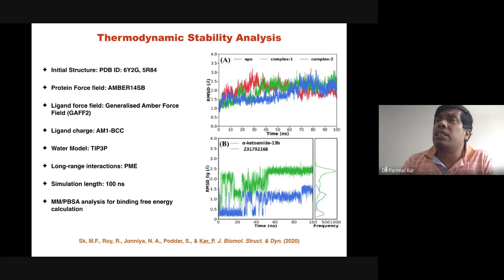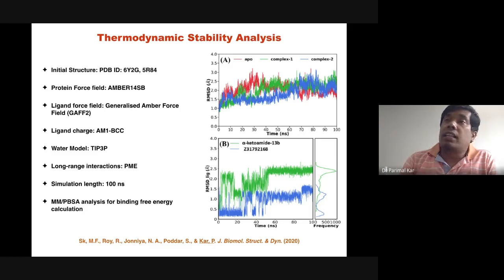So instead of using the quantum mechanical approach, we use a semi-quantum mechanical approach. For that, we use a different Hamiltonian, called AM1, Austin Model 1. That is the Hamiltonian we use, and then we do some bond charge correction, so this method is called AM1-BCC. That is to assign charges to each atom.